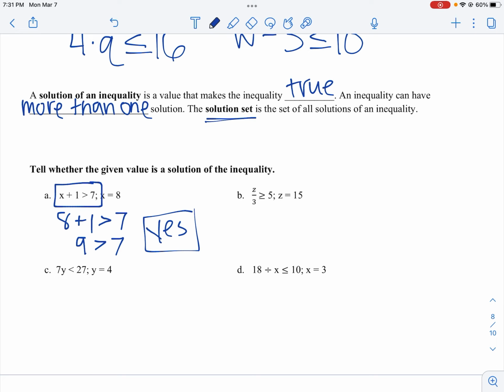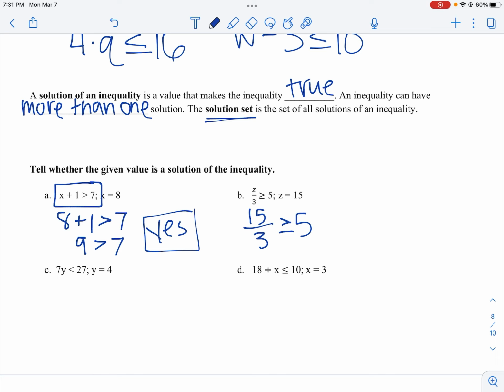On this next one, it says z divided by 3 is greater than or equal to 5, and z equals 15. So plug your 15 in for z. We'll have 15 divided by 3 is greater than or equal to 5.